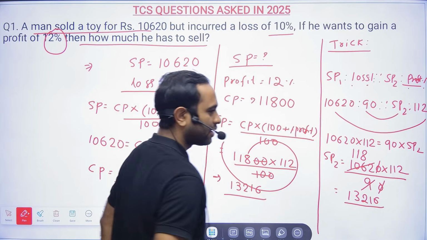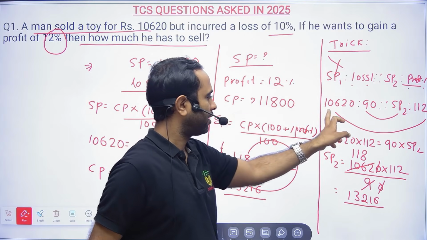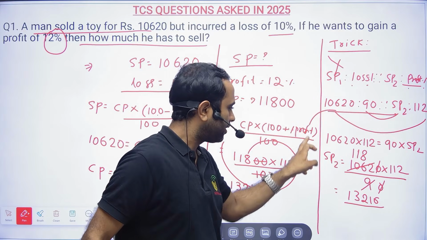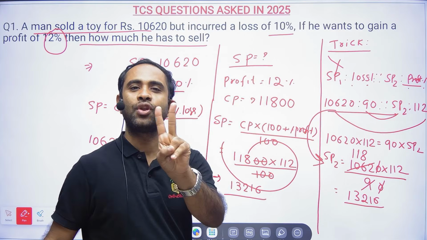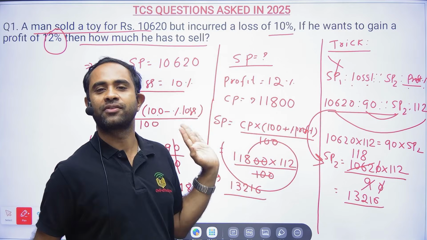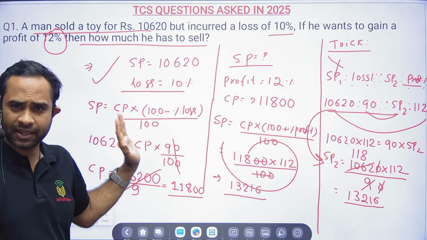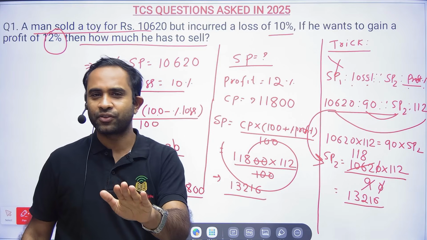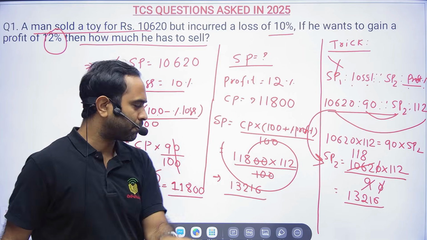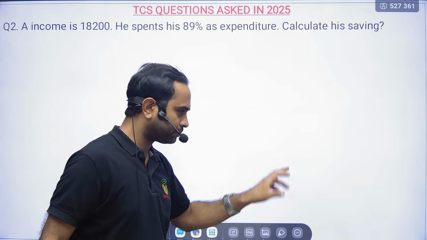So friends, you can do it in just one line, or in two lines. But I need to explain the complete process, because most of the students waste their time in the examination, so all those things you need to know, then only you can perform better in the exam.